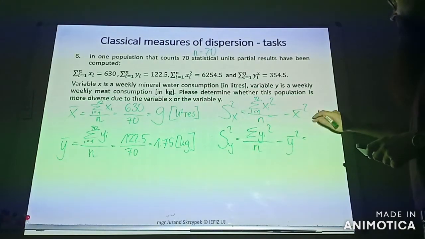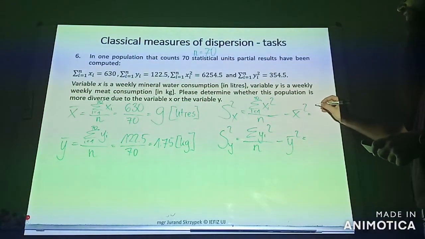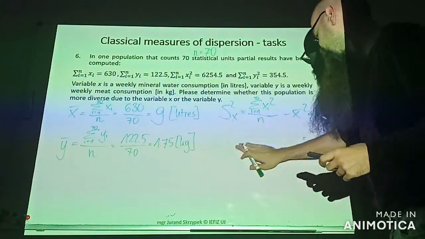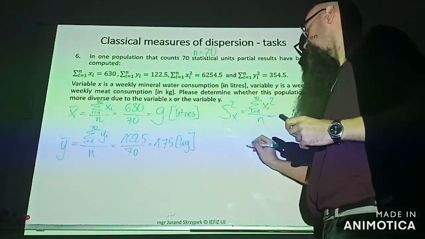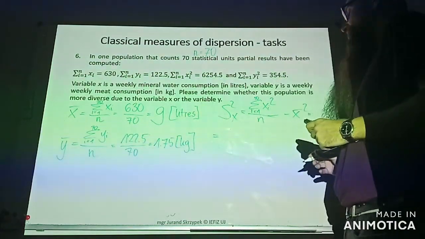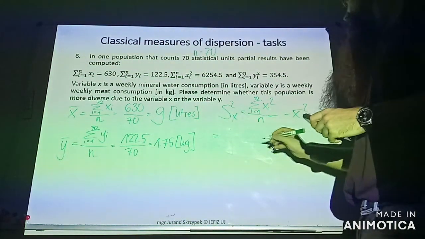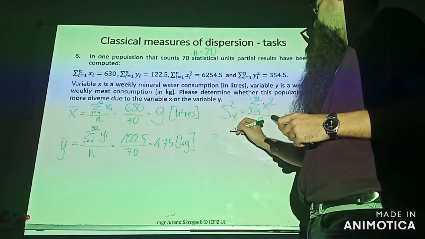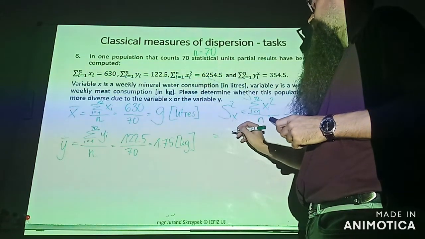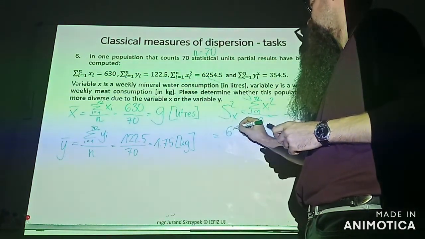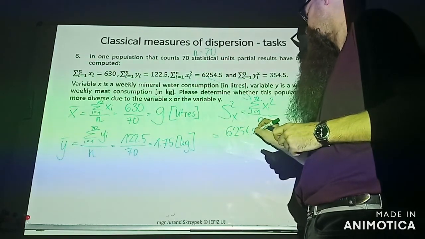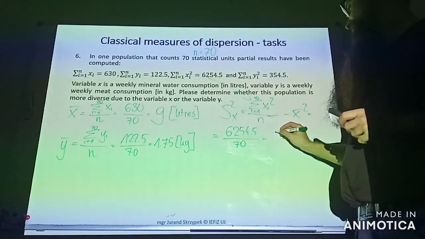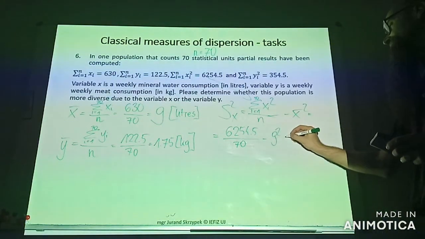Alright, so in our example, I need some more space. Let's start with the variance of x. Here we have the partial result. The sum of squares of weekly mineral water consumption is 6,254.5 divided by 70 minus 9 squared, of course.